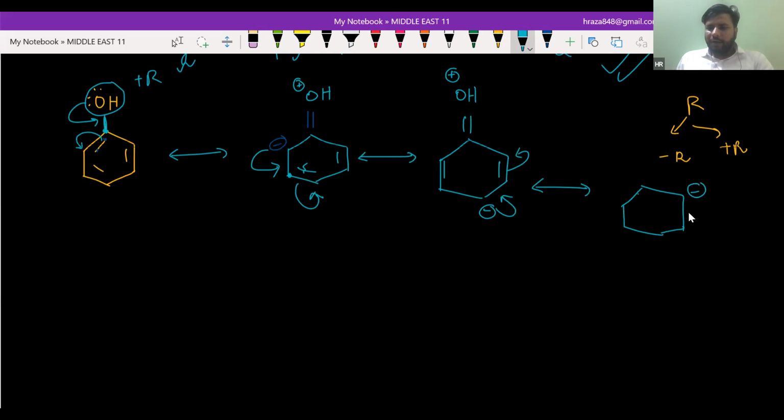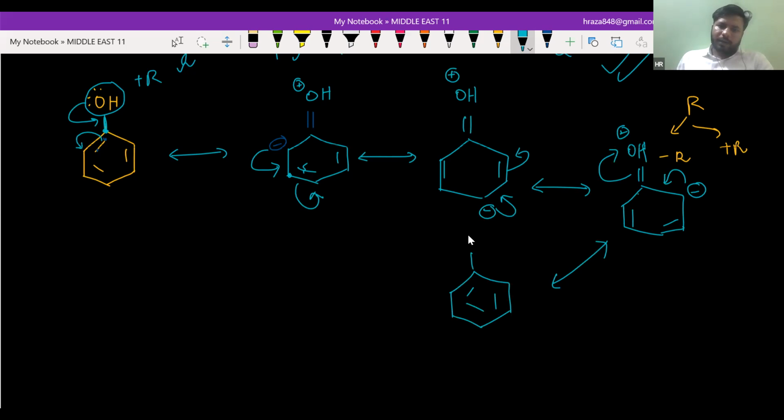Again the negative charge will be here, then double bond, then double bond, OH positive. So you can see again it will be a single bond, and the position of the double bond you can easily see here, then here and then here.